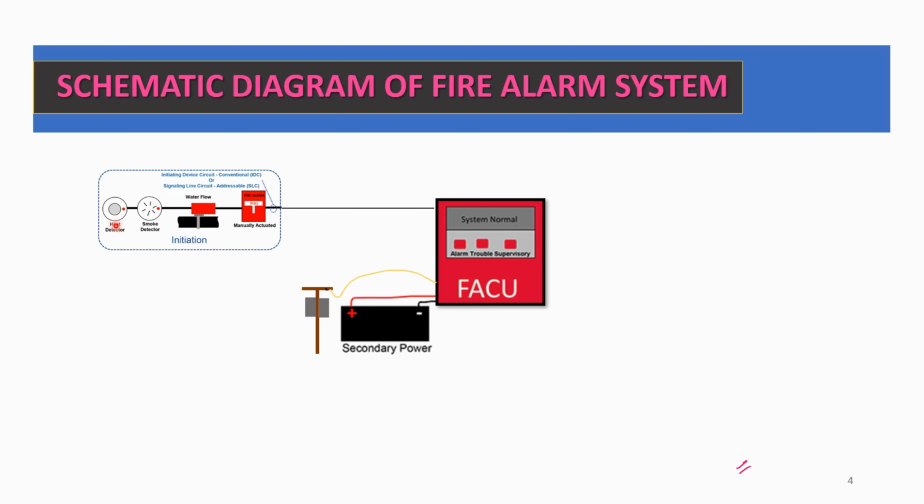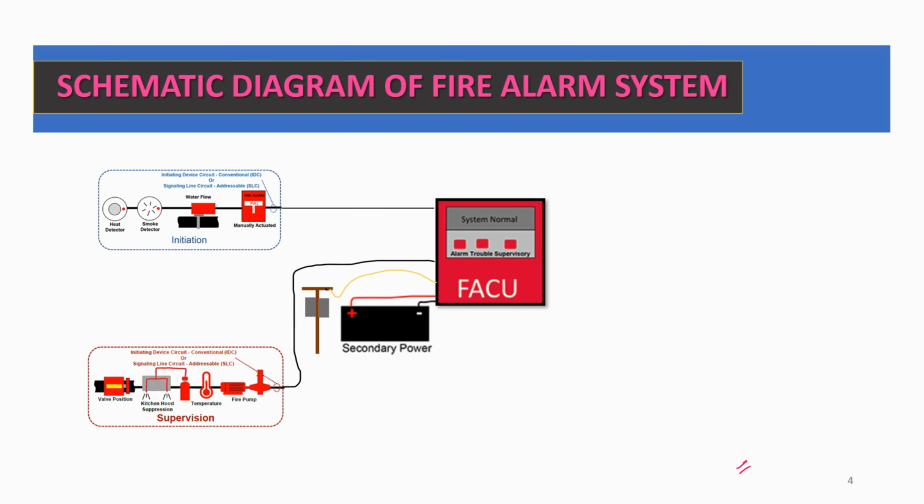And these devices are connected to the fire alarm control unit. So this wiring will be called initiating device circuit, for conventional devices we call it IDC. If we are using addressable devices, then this terminology will become signaling line circuits.